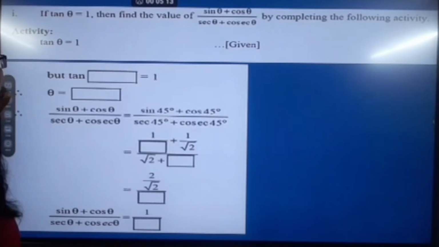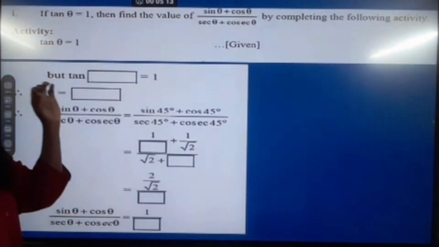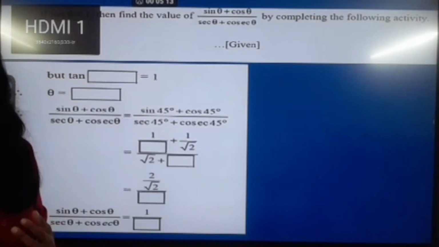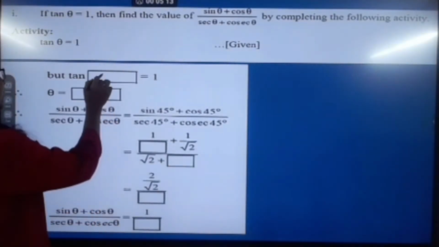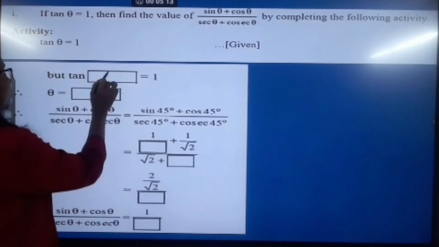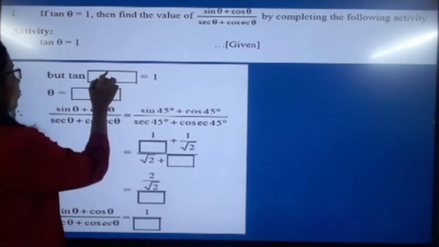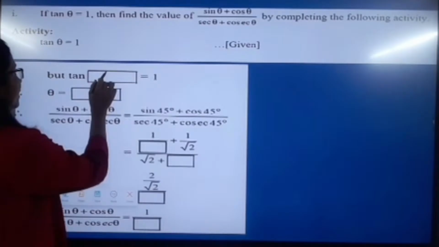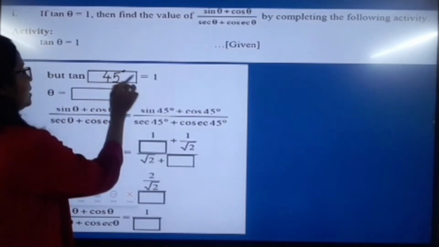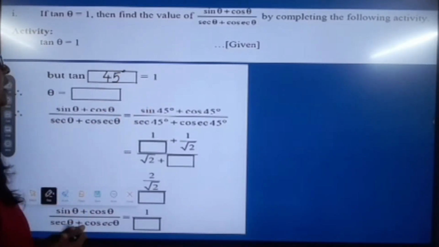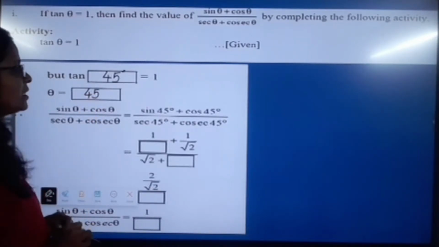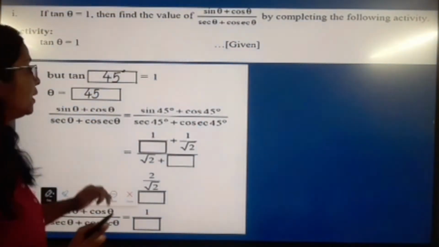Which theta has the value 1? Tan 45 degree is equal to 1. So theta is equal to 45 degree. Okay students, theta is equal to 45 degree.